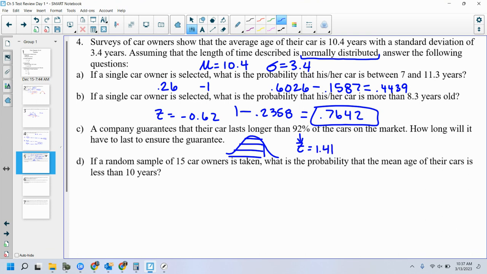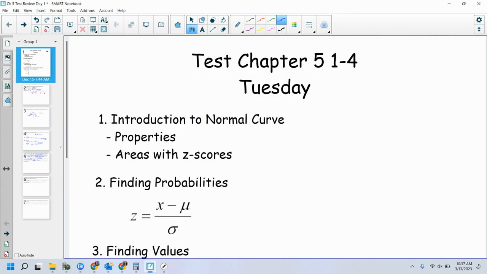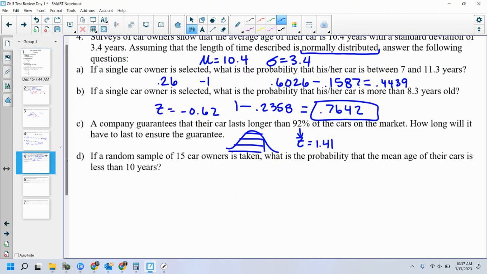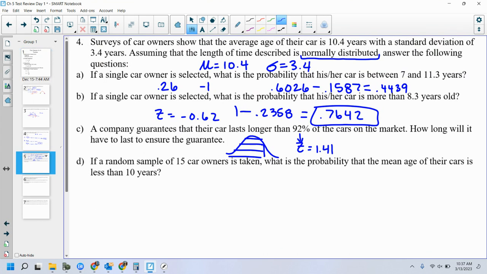So the z-score with 92% is 1.41. Now to figure out the x value, remember x is equal to mu plus z sigma. So x is equal to 10.4 plus z sigma.